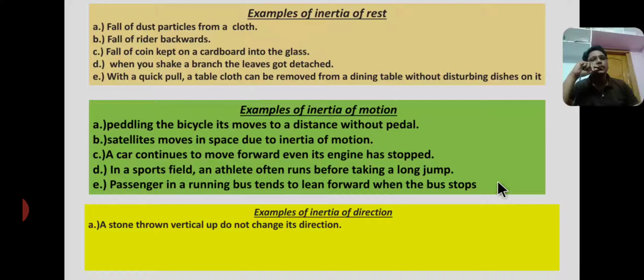And coming to the examples of inertia of direction. This is the third type of inertia. A stone thrown vertically up does not change its direction.